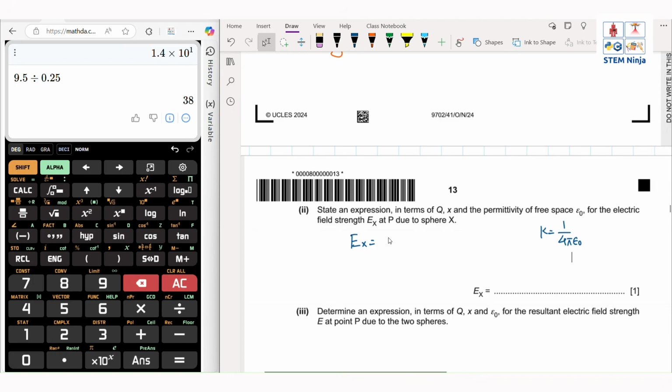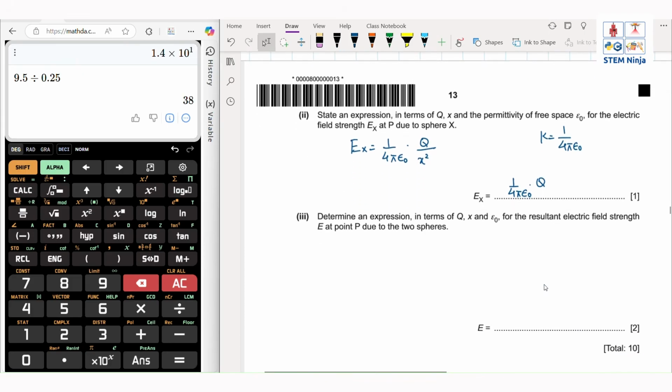So kq over r squared is 1 over 4 pi epsilon naught times q over x squared. Determine an expression in terms of Q, x, and epsilon naught for the resultant electric field strength E at point P due to the two spheres.